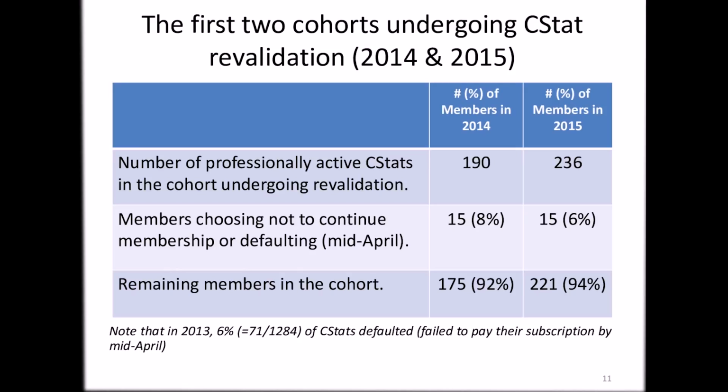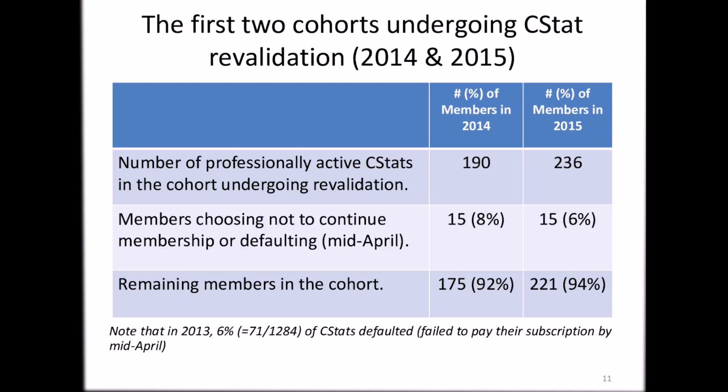So from the second row in the table, you will see that 6 to 8% of members chose not to renew, and in the subsequent table, it is the number in the final row that is taken as the cohort size. So 175 in 2014 and 221 in 2015.